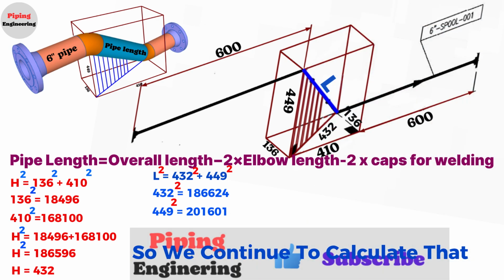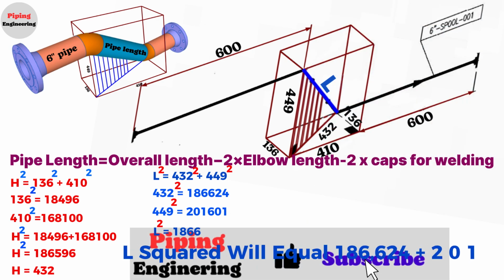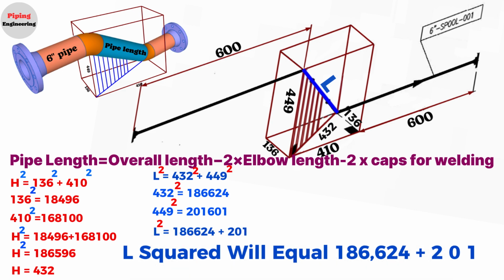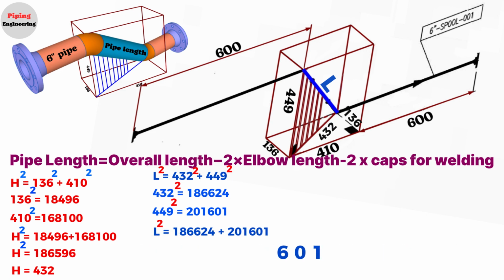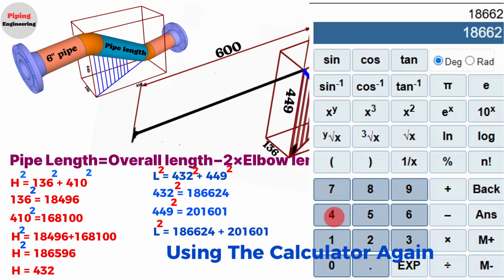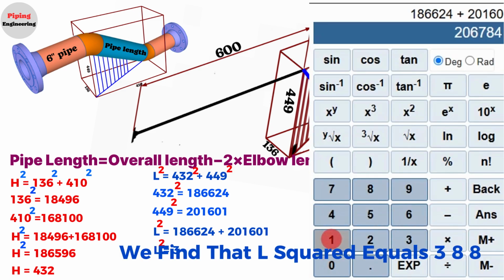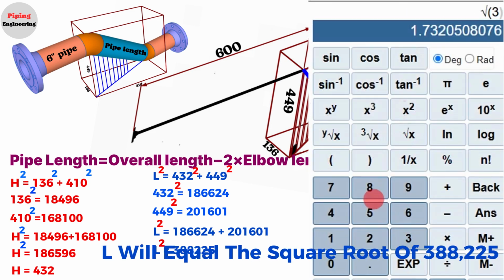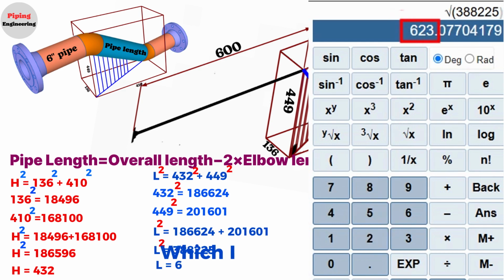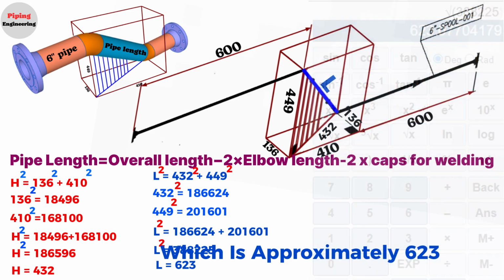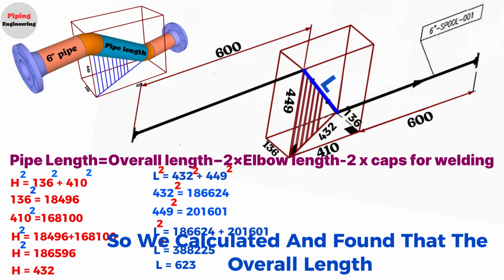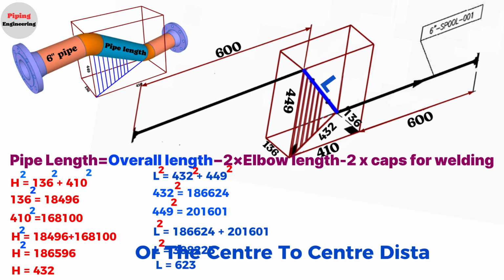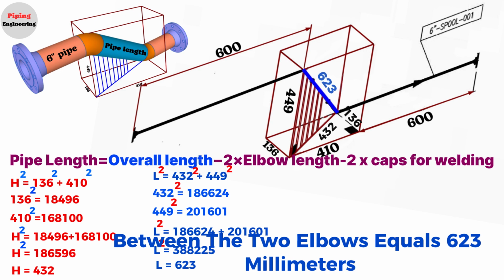So, we continue to calculate that L squared will equal 186,624 plus 201,601. Using the calculator again, we find that L squared equals 388,225. Using a calculator, L will equal the square root of 388,225, which is approximately 623. So, we calculated and found that the overall length, or the center-to-center distance between the two elbows, equals 623 mm.